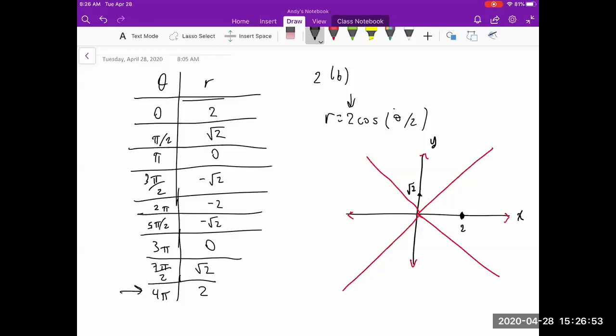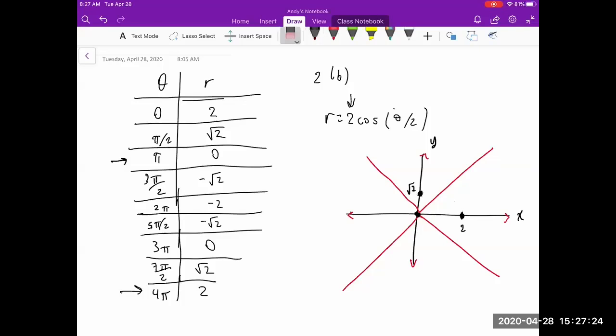And then at pi, the radius is 0. So it seems to be doing this kind of shape here. It has that kind of motion because it goes from that radius to this radius. And remember, the radius is just the distance from 0. So once we're at pi comma 0, this third point here, it means that our angle is pi, but the radius is 0, so it's just the point at the origin only.